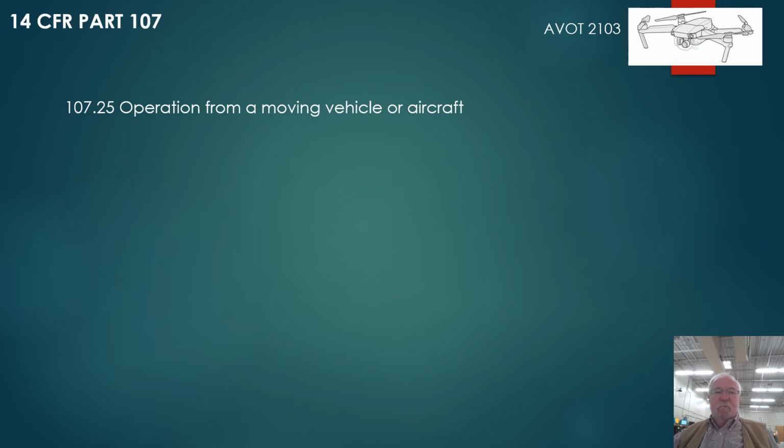Pretty self-explanatory. Operation from a moving vehicle or aircraft. No person may operate a small UAS from a moving aircraft. Or no person may operate a small UAS from a moving land or waterborne vehicle unless the small unmanned aircraft is flown over a sparsely populated area and is not transporting another person's property for compensation or hire.